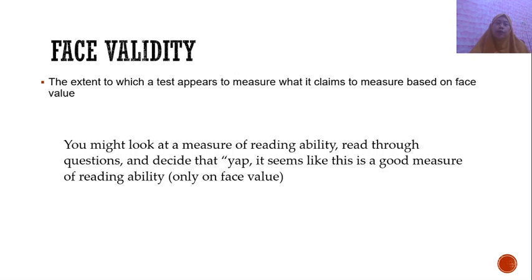Here is a simple example: if you have a measurement of reading ability, you read through the questions and decide that it seems like a good measure of reading ability. It is called face validity, only on a face value.